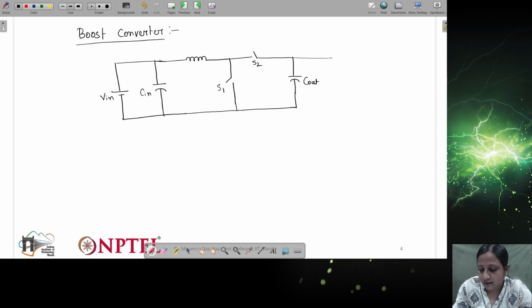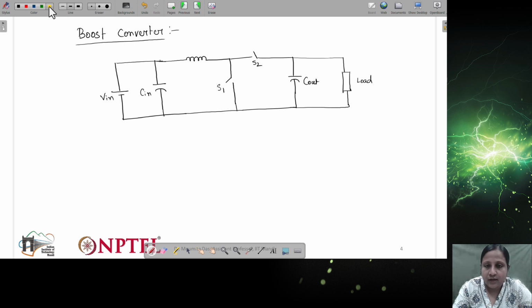Now this is connected to the load. Okay, so this also has a similar situation. So basically it will have DM and CM noise.